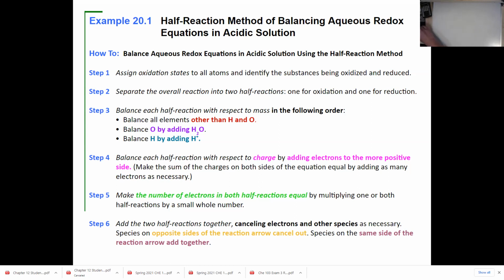What I mean when I'm talking about them being on opposite sides of the arrows is that we're going to have an oxidation half reaction and a reduction half reaction, so things that are on opposite sides would be on opposite sides of those reactions. Like your oxidation might have water on the reactant side, but your reduction would have water on the product side. That's when cancellation would happen. If your oxidation has water on the reactant side and your reduction has water on the reactant side as well, those would add together. But we'll go through the examples of this now.